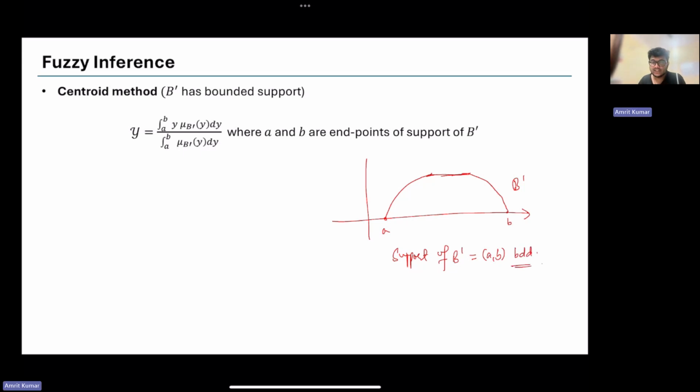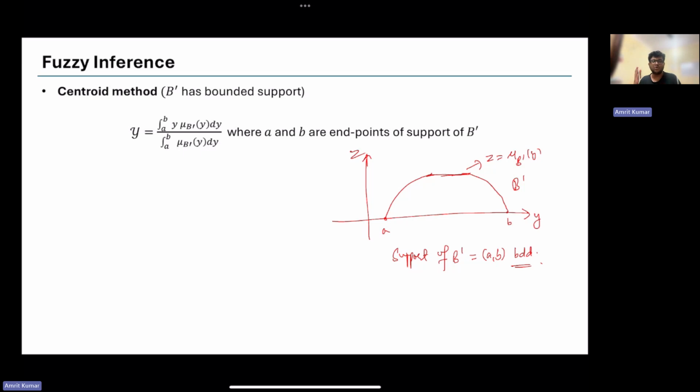Now look at the region under the membership function. This is the graph of the membership function of B dash. This is our universe, and let us call the vertical axis Z. So this is Z equals mu B dash of Y. I'm calling the horizontal axis the Y axis because B dash is a fuzzy set over the universe capital Y, so it seemed appropriate to use the symbol Y for the horizontal axis.